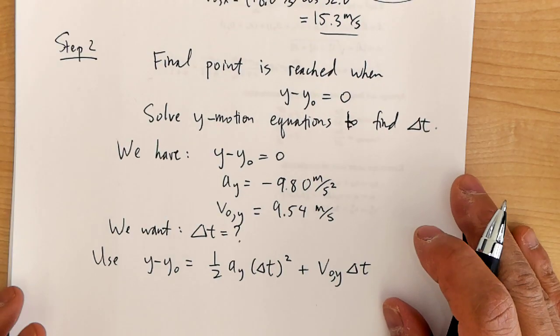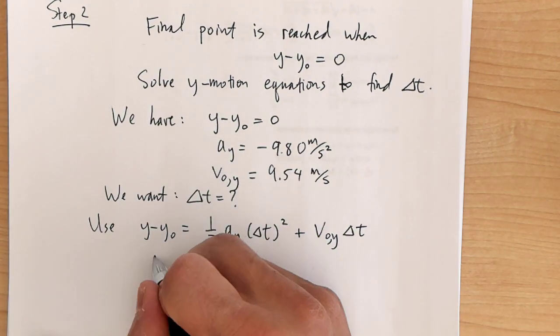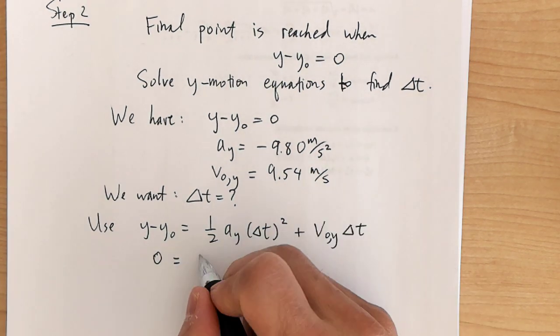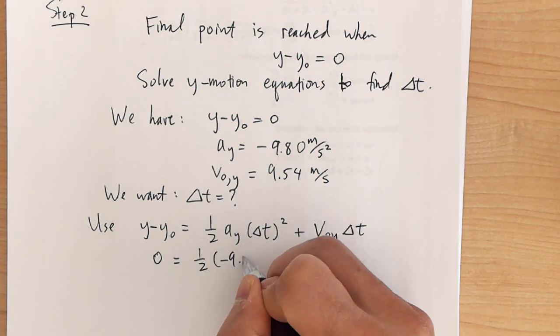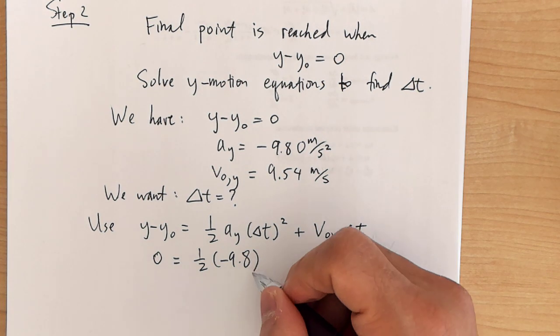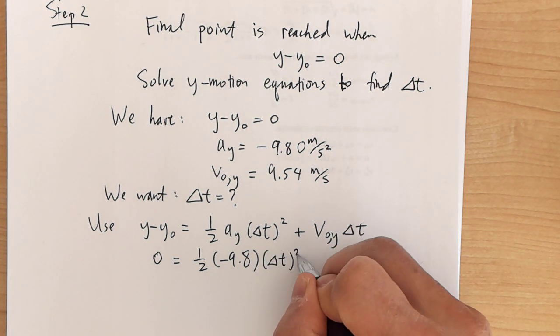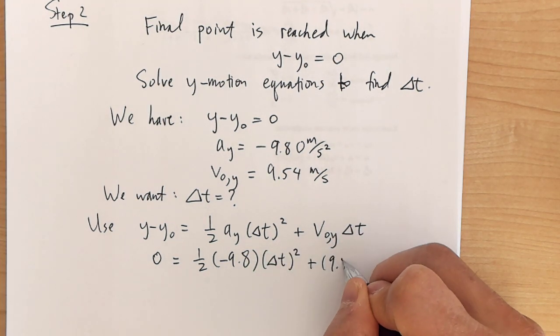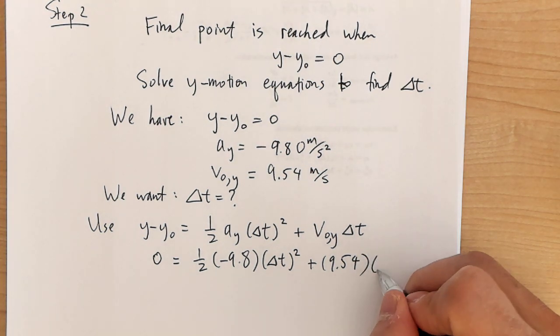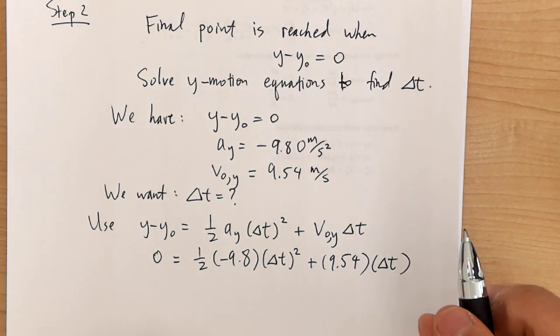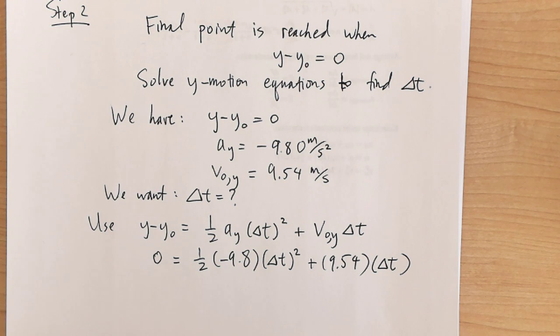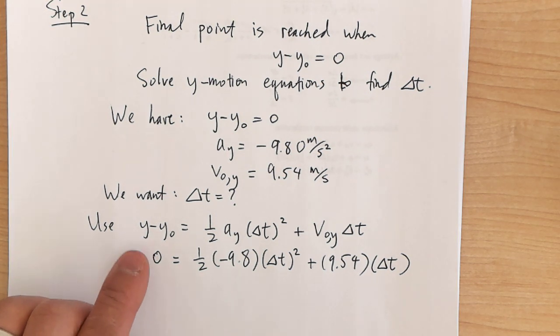Okay, so this is going to give me 0 on this side, and then I have 1/2 times negative 9.8, and then I'll have delta t squared. Then I'll have 9.54 times delta t. Let's leave off the units so it doesn't get too ugly. All right, at this point, it looks like quadratic equation time, but the interesting thing here is I have a 0 on this side, so I can actually solve this equation without the quadratic equation.